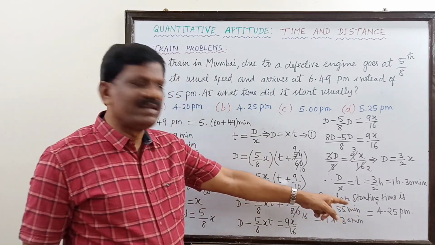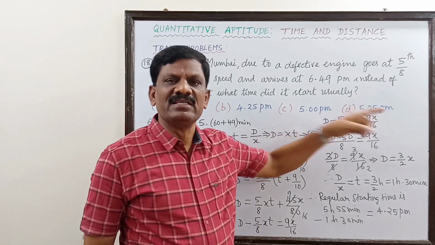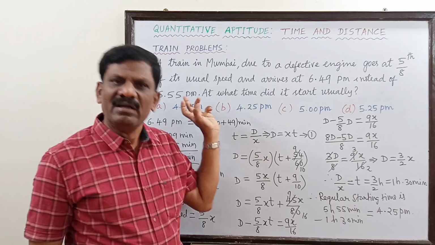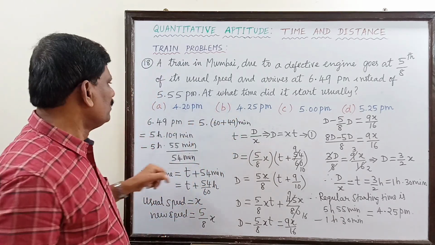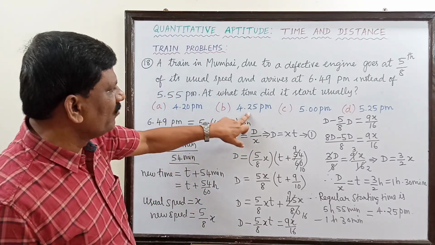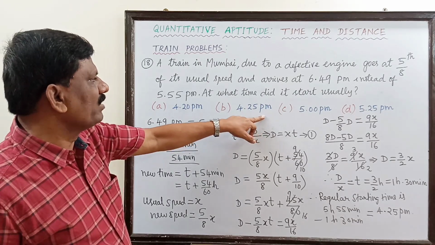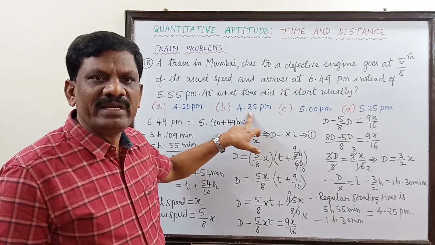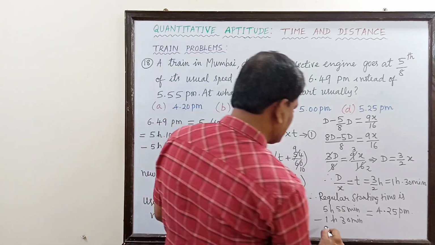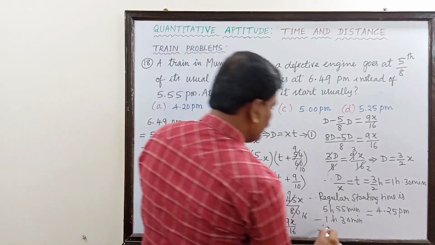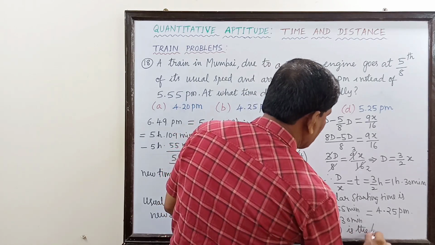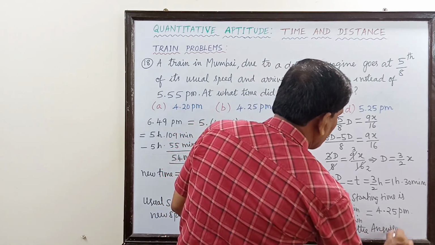If the train regularly travels 1.5 hours with its original speed x, it will reach the station at 5:55 p.m. So what time did it usually start? 4:25 p.m. Therefore, option B is the correct answer.